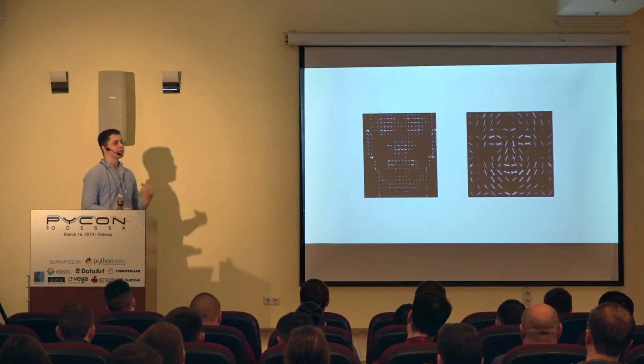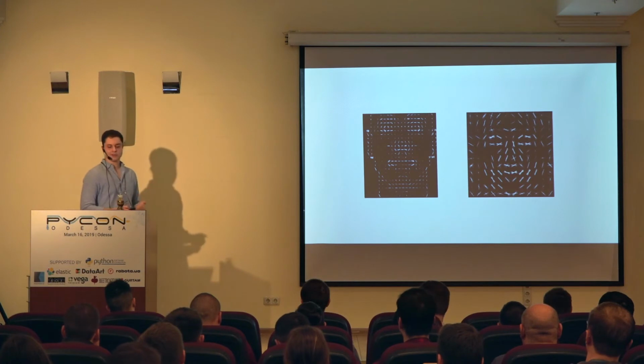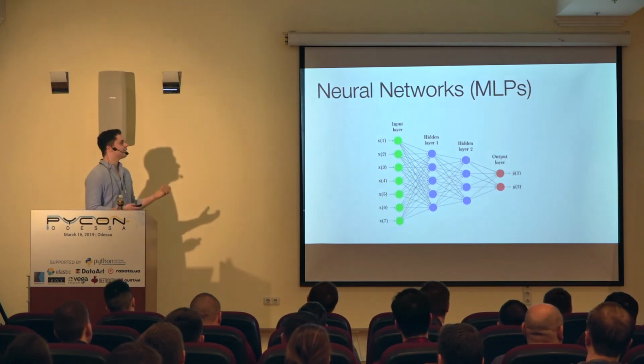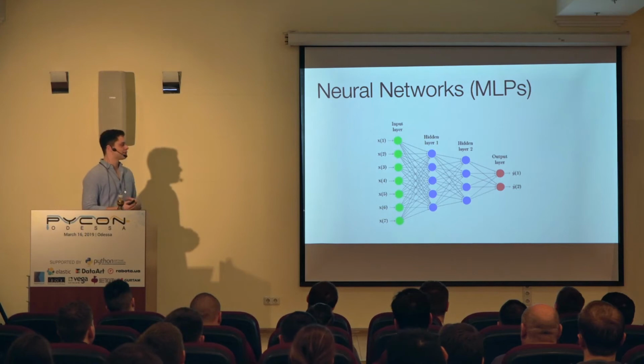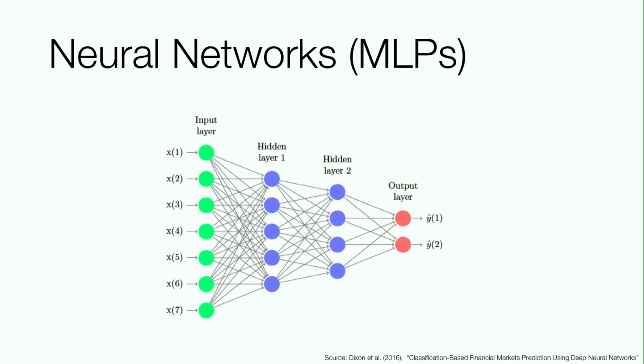Perfect. So this is what people used to do several years ago, but now people are starting to do more with deep learning. So the idea behind deep learning and neural networks, in a very summarized way, is that you have several layers in this network, and each layer is going to combine the information that it takes and basically output new information.